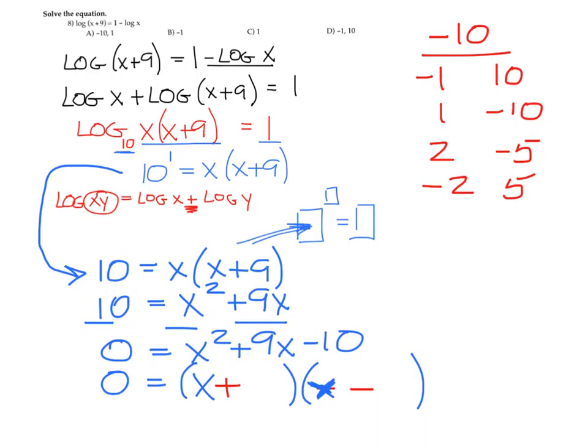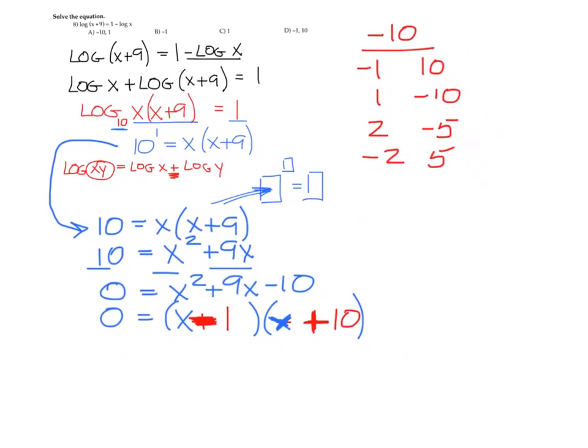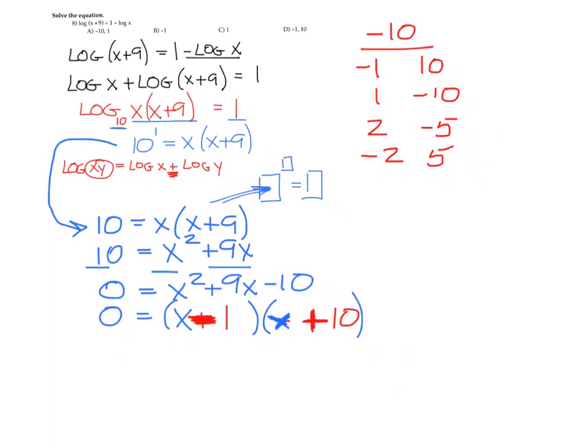Negative 1 and 10 is right. I said negative 1 and 10 and wrote them in the wrong spot. Good grief. Negative 1 and positive 10. Yes, there we go. Okay, so what would be the solution from this set of parentheses?